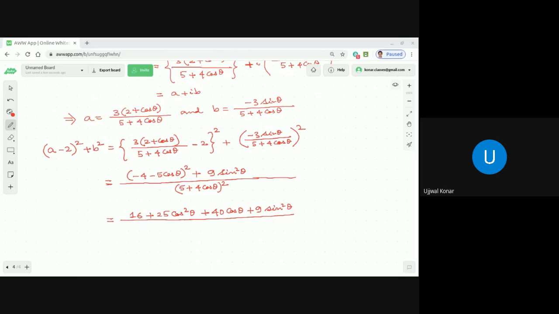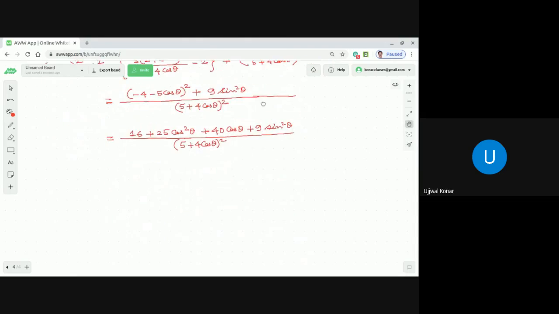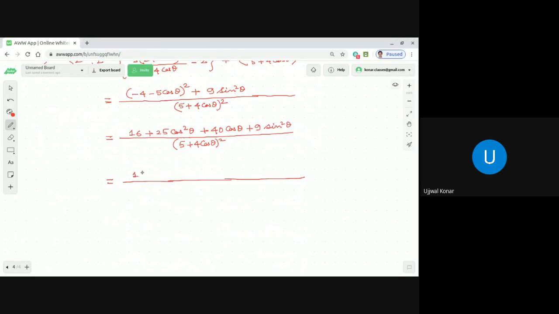So what we can write, dear students? The denominator remains the same, (5 plus 4 cos theta) whole square. And from here, that is equal to 16 plus 9, you are getting, no? That 9 cos square theta plus 9 sin square theta.